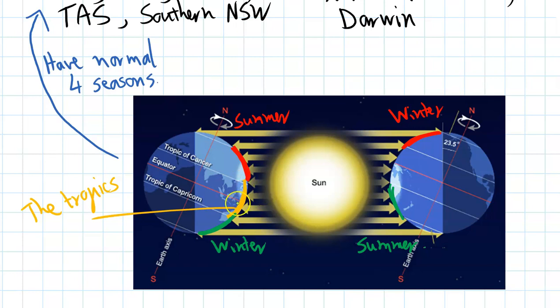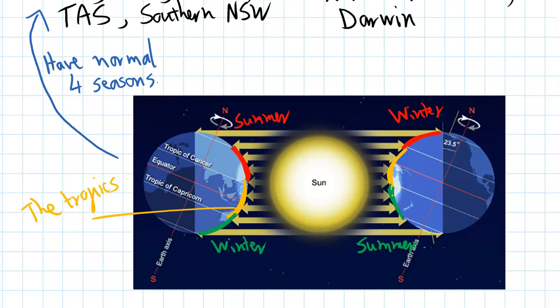So you can see here, when it's the northern hemisphere's summer, the tropics are still getting quite a bit of sun, just as much as the northern hemisphere is. And then when it's the southern hemisphere's summer, if we look at the tropics here, they're still getting just as much sun as we are in Melbourne.